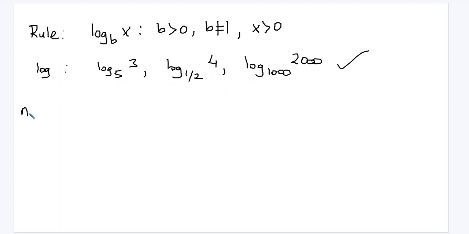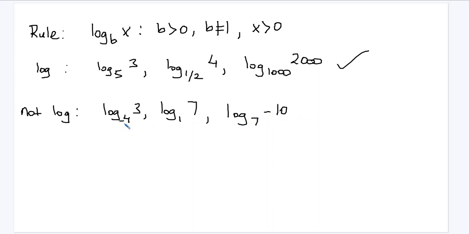But we cannot call these as logarithm, like log negative 4 of 3, like log 1 of 7, or maybe log 7 of negative 10. These are not cool. Why?